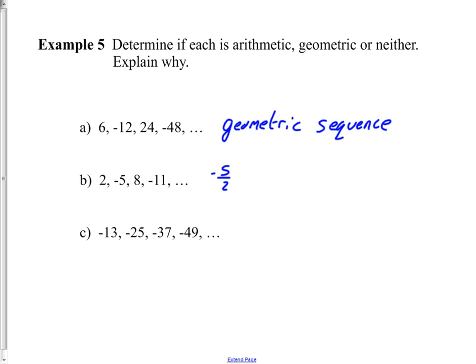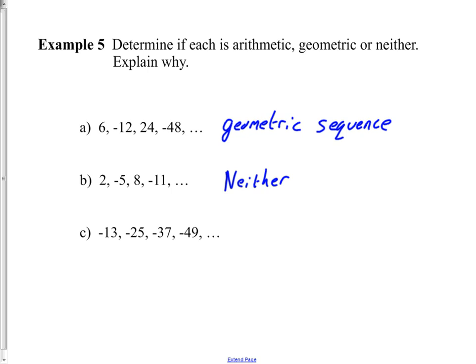What happens if I multiply by 8? Or I'm sorry, multiply by -5. Will I end up with 8? And that would be 25 over 2, so I don't end up with 8. So I don't have the common ratio. Therefore, this is not a geometric sequence either. So this one's going to be neither.